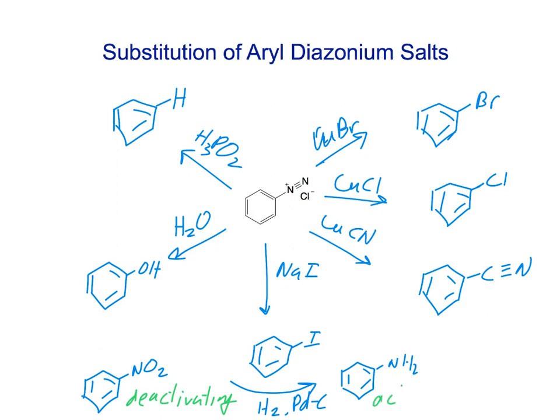This is activating. So if we're going through this process, we can put different groups on the ring. We can use the nitro group to be a meta-director, and then we can convert it to an aniline, which is now an ortho-para director, and it gives us lots of options on where to put groups onto the ring.